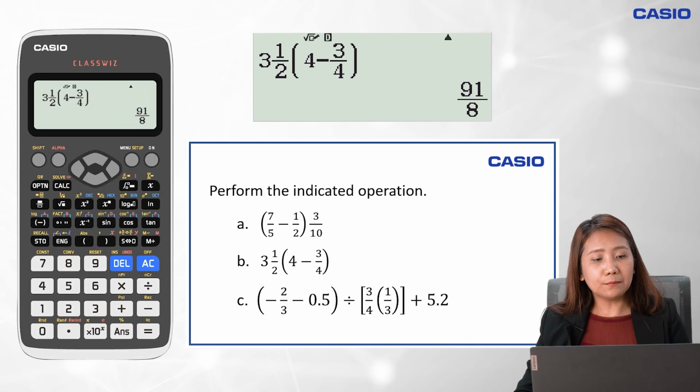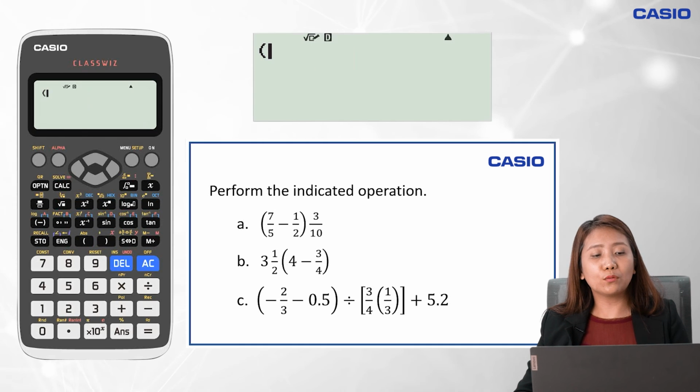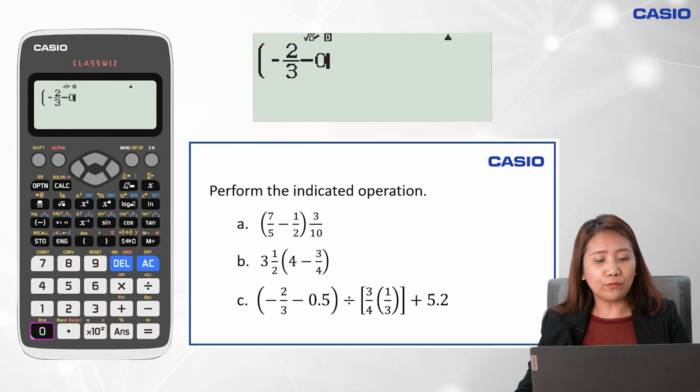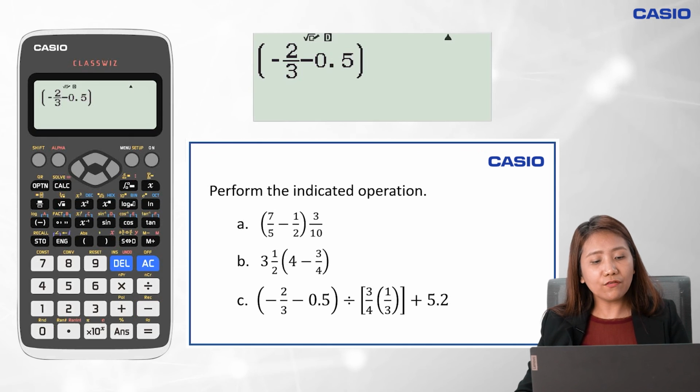For the last item, we key in open parenthesis, followed by negative, then 2, fraction key, over 3, arrow right, then we press the operation minus 0.5. We close the quantity and divide it with the quantity 3/4.